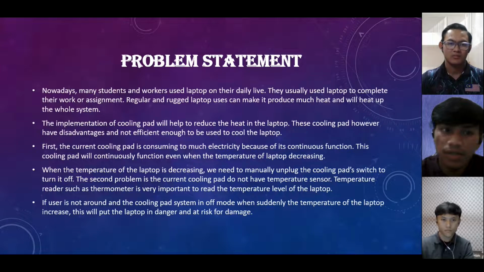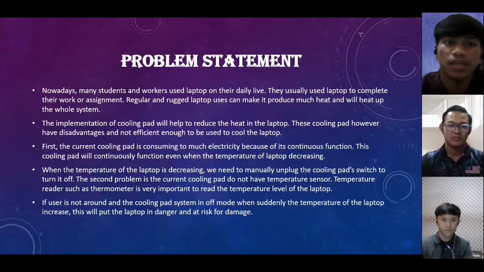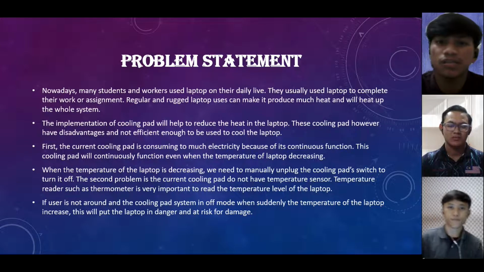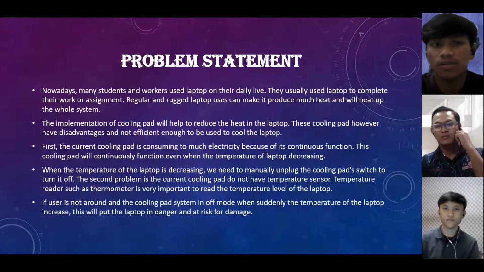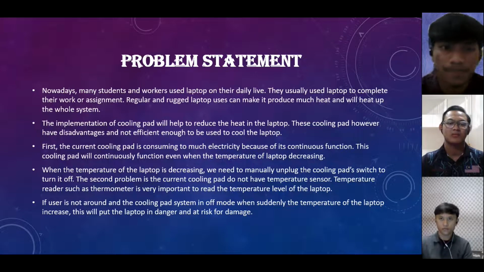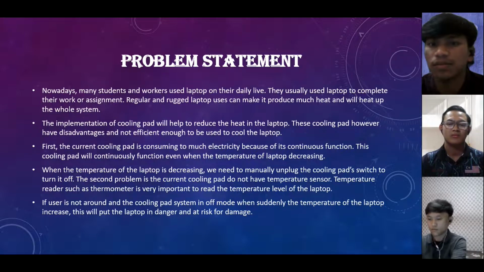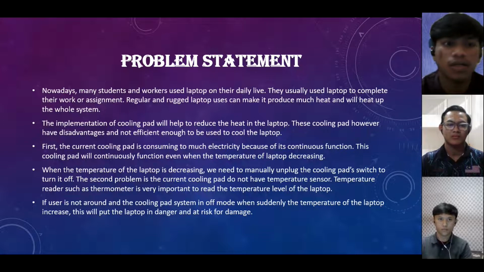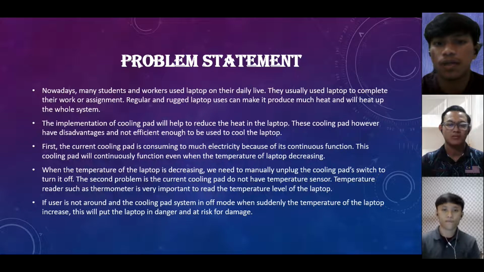Our problem statement: nowadays, many students and workers use laptops in their daily life. They usually use laptops to complete their work assignments regularly, and regular laptop use can make it produce much heat and will heat up the whole system. The implementation of a cooling pad will help to reduce the heat from the laptop.